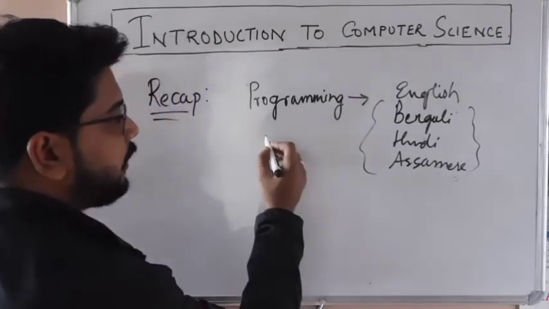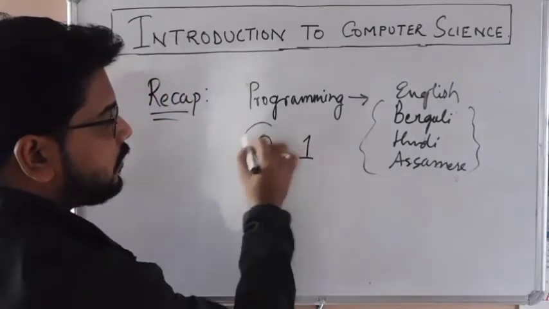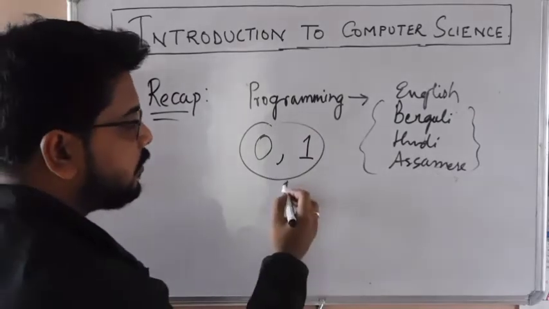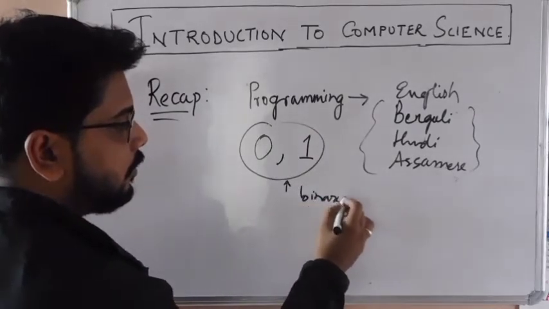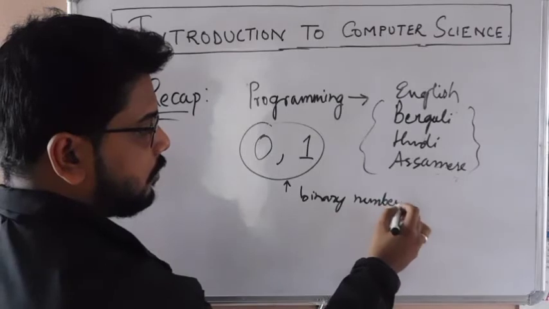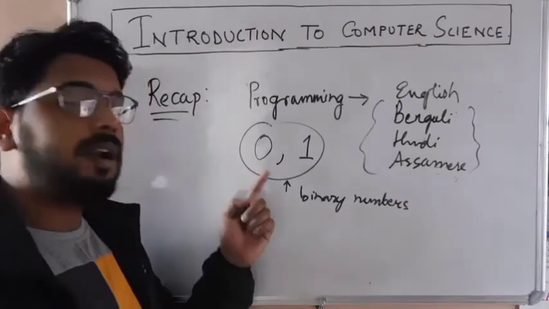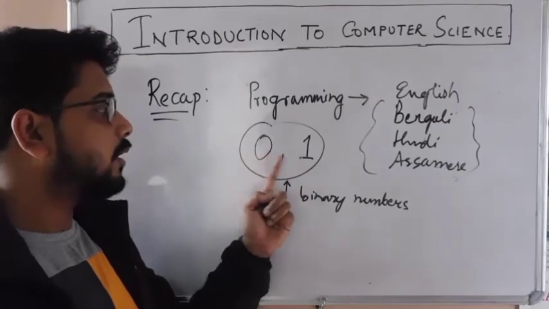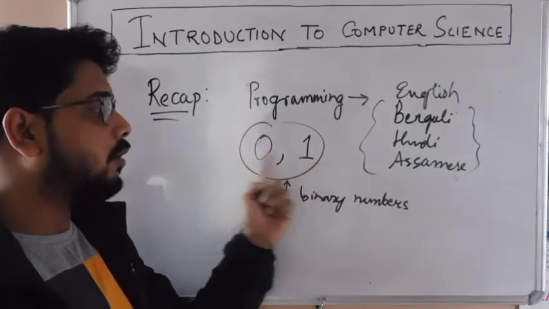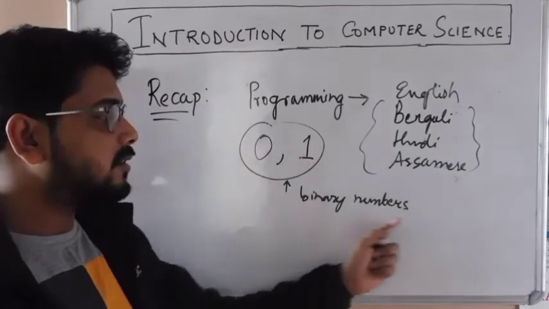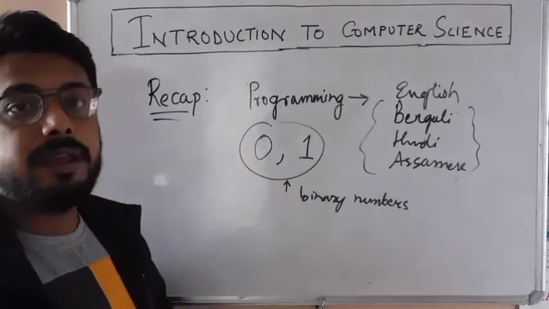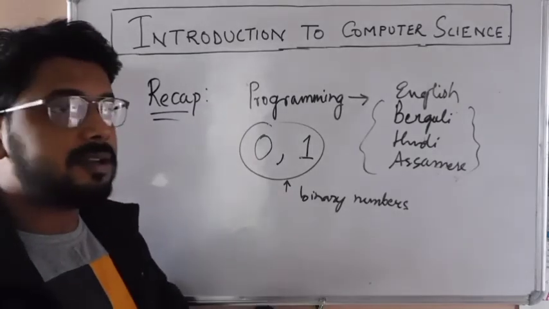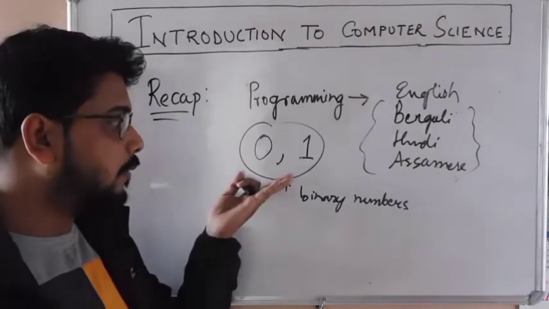The computer understands only these two things, 0 and 1. This is known as binary numbers. That is, either true or false, yes or no. So the computer understands only these binary numbers. Now how do I convert the instructions that I want to give into this form?